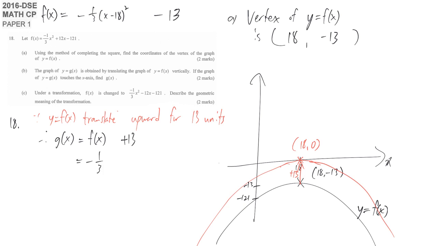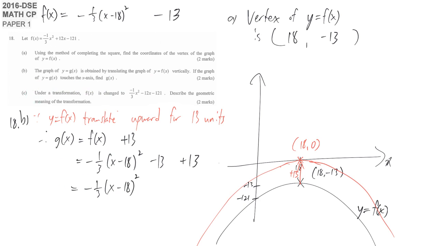That means -1/3 (x minus 18) squared minus 13, and then offset its result. So only the square term is left. That's g(x), and we already finished part B.